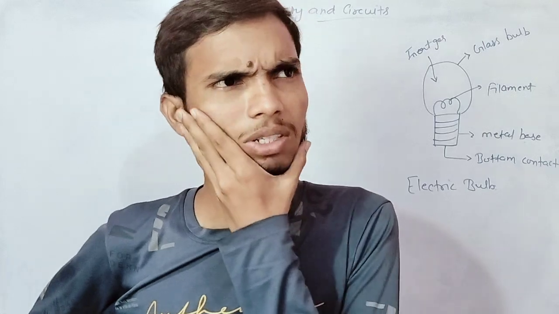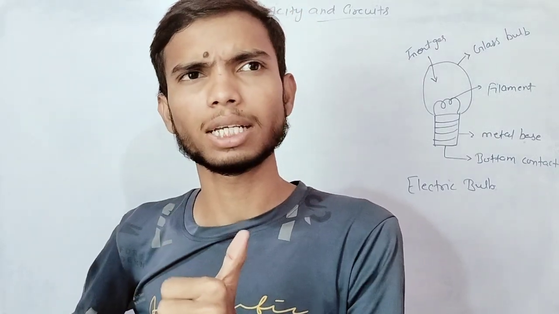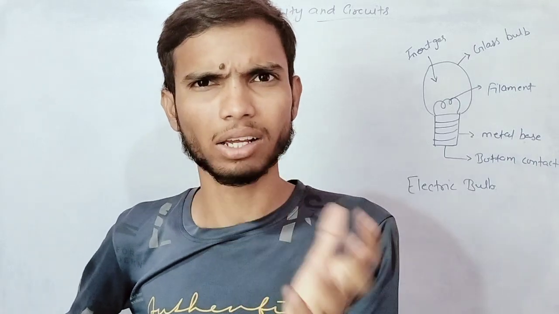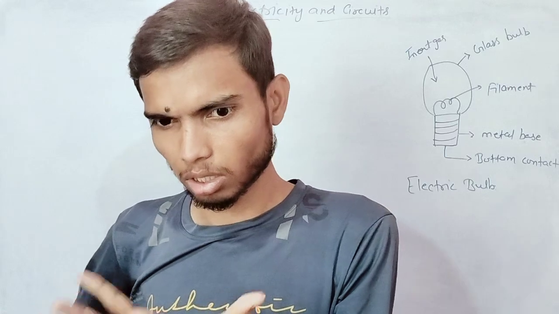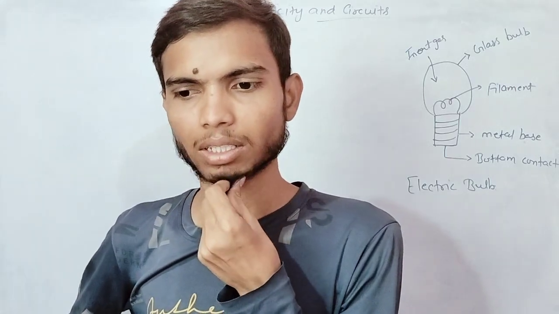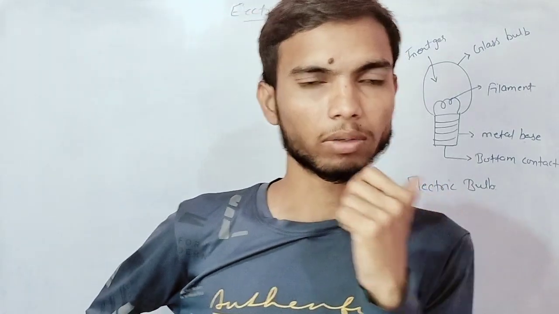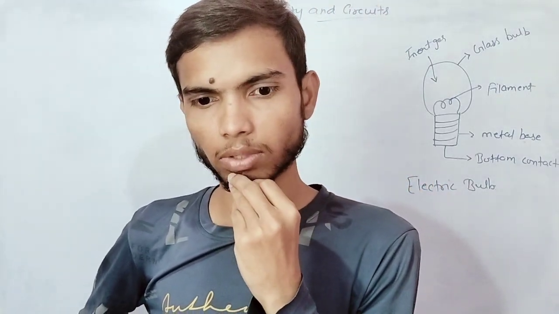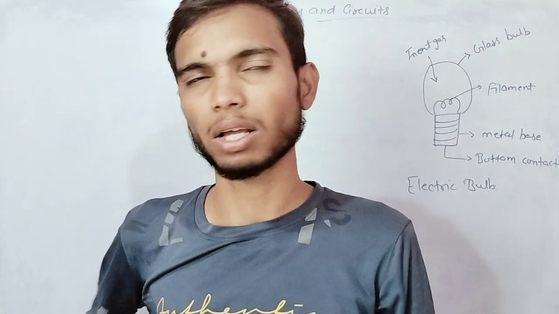A bulb which was used in ancient times, 10 years ago, which provides yellow light. That bulb which comes at the price of 10 rupees, 15 rupees.